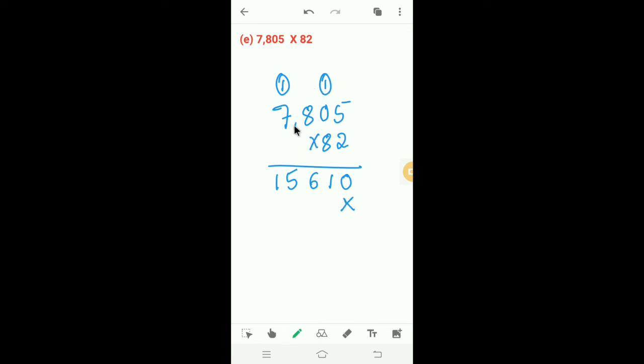Next we should multiply 7805 by 8. 8 fives are 40, so I will write 0 here and 4 carry. 8 into 0 is 0, 0 plus 4 is 4. 8 eights are 64, so I will write 4 here and 6 carry. 8 sevens are 56, 56 plus 6 is 62.